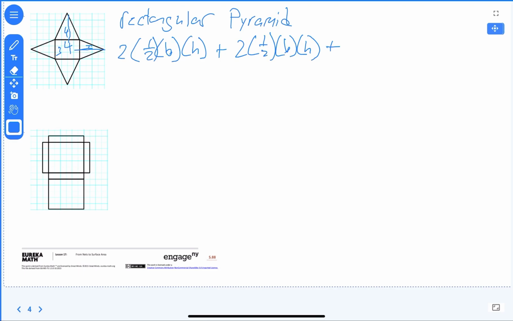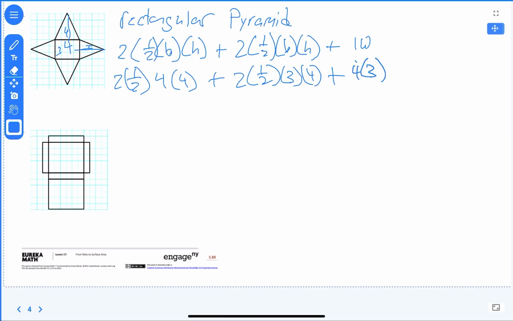plus 1 rectangle, length times width. Okay? So now I have 2 times 1/2, and the base is 4, and the height is 4. And then I've got the other one that's 2 times the half times the 3 base times the 4 height triangle plus 4 times 3.